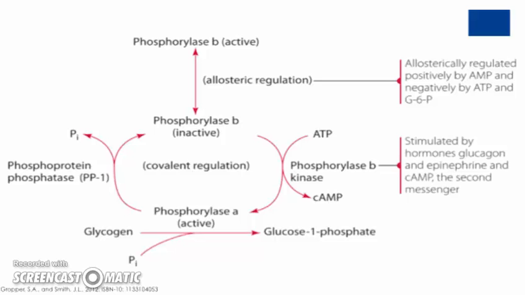AMP is the main allosteric activator of phosphorylase, converting phosphorylase B in the inactive form to phosphorylase B in the active form. And you also see that here, that phosphorylase B is regulated positively by AMP. We see that the allosteric inhibitors would be ATP and glucose 6-phosphate.